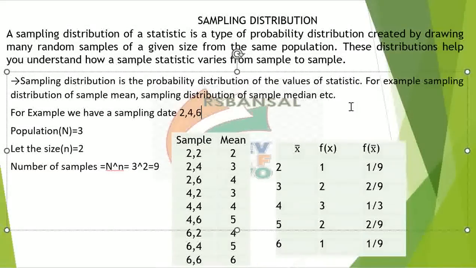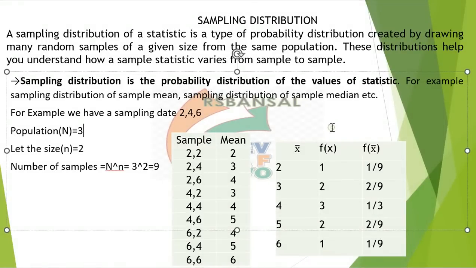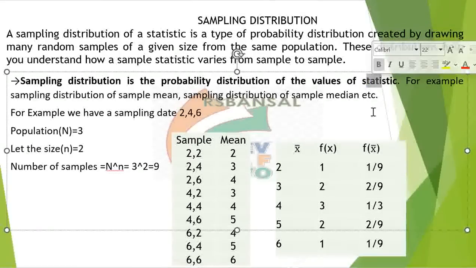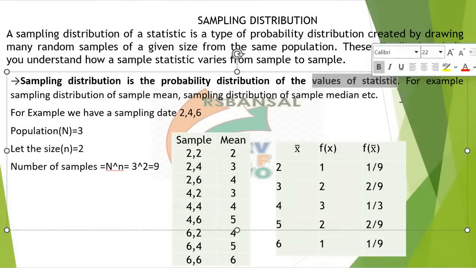To understand it in simple form, remember this: sampling distribution is the probability distribution of values of a statistic. A statistic means mean, mode, median, variance, standard deviation, etc. These are statistics of a data set. So what is sampling distribution? It is the probability distribution of values of a statistic of a particular data set.